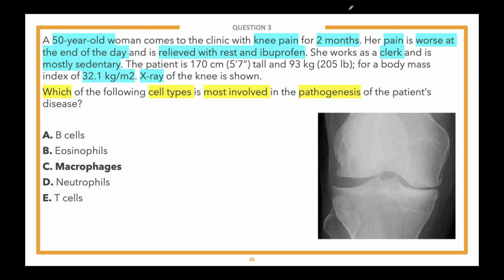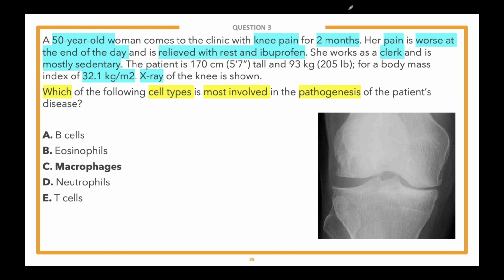Well, in osteoarthritis, you have mechanical joint injury that leads to the innate immune system activating macrophages, okay? And this is mediated by certain cytokines. This inflammatory process then leads to the destruction of articular cartilage, osteophyte formation, bone sclerosis, and other degenerative changes, okay?